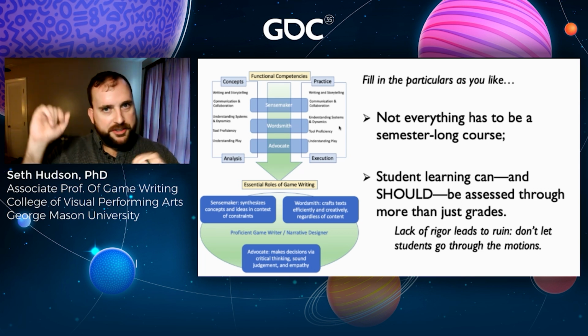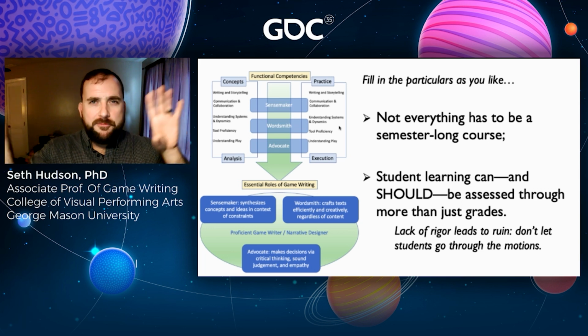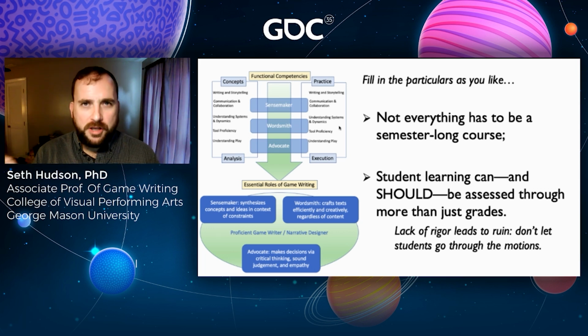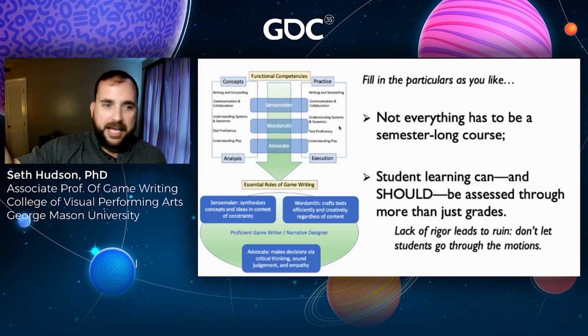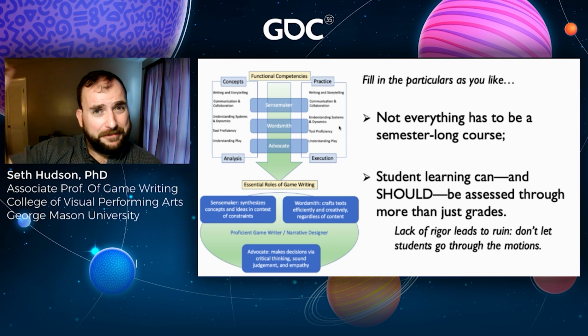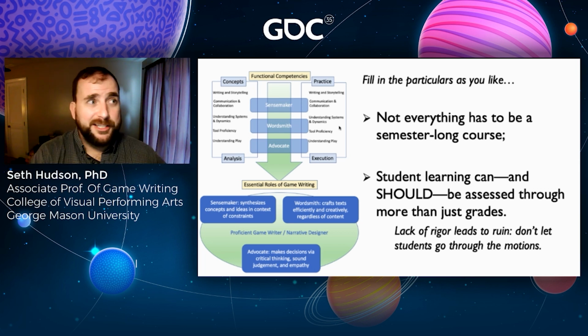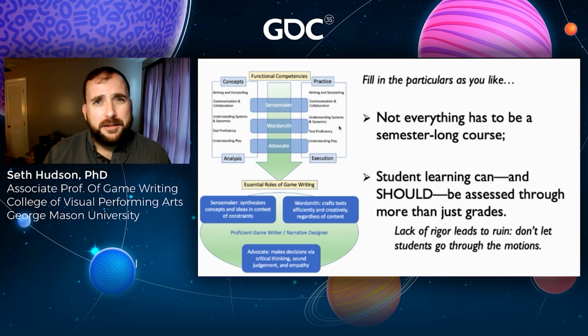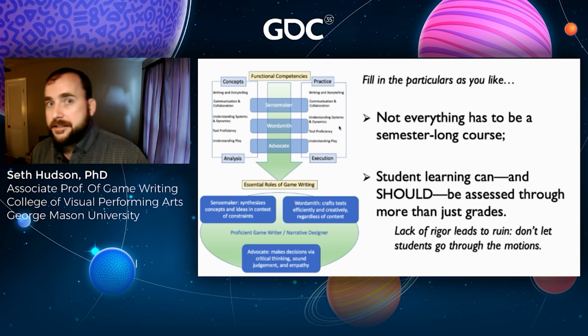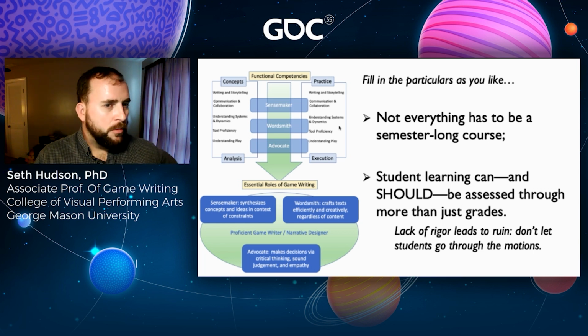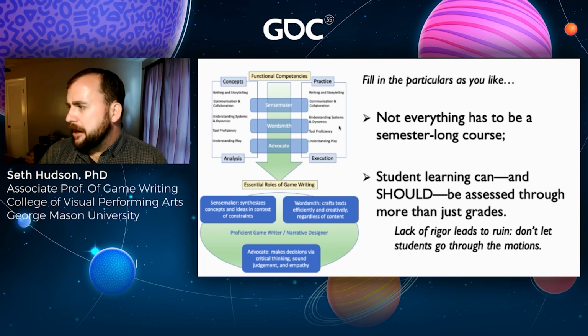But what can we do to allow students a way to practice and refine those different functional competencies, as that sense maker who's trying to make something fit that doesn't really fit, or that wordsmith that just has to crank out 20 pages of barks for "arg, he shot me," or that advocate, the person who has to make decisions and has to really help incorporate the knowledge and understanding of their team and their project in order to know what ideas need to be, and I hate the phrase, fought for, right, choosing your battles.